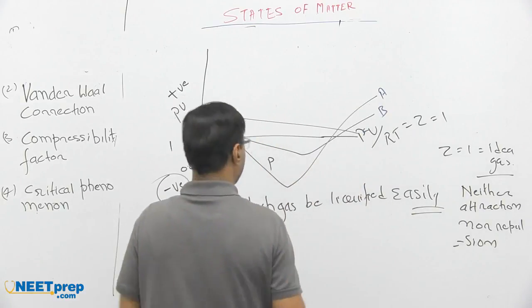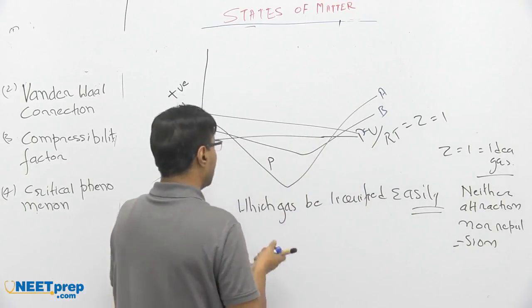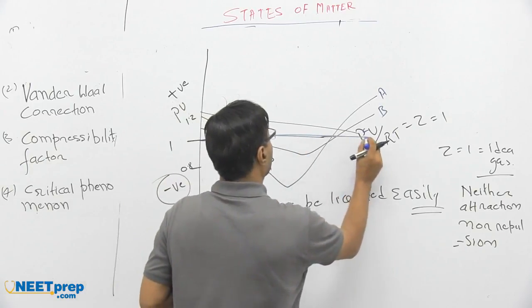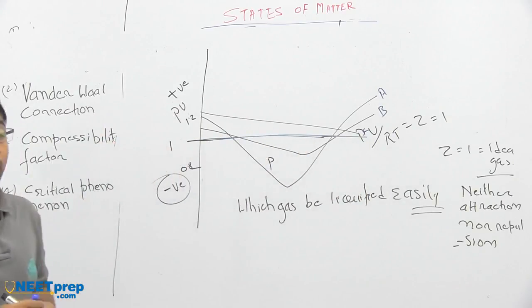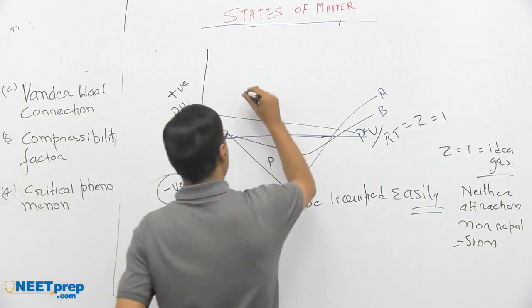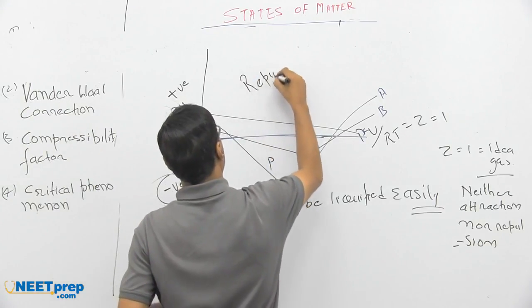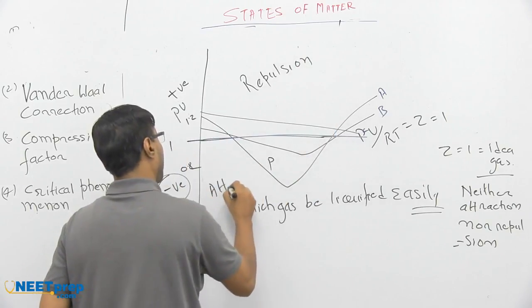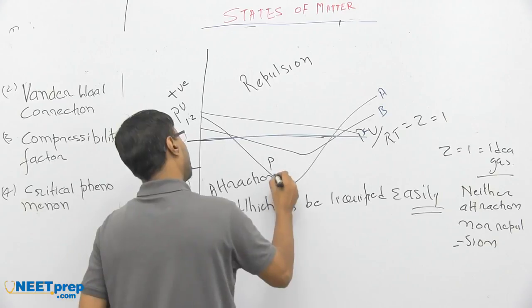So this line is for neither attraction nor repulsion. If you go in this zone, it's a repulsion. If we come to this zone, it's an attraction.